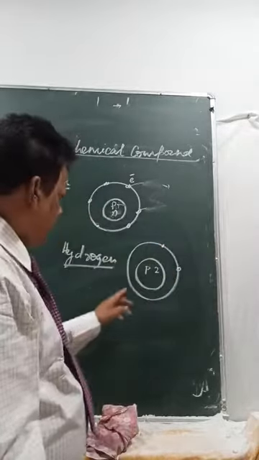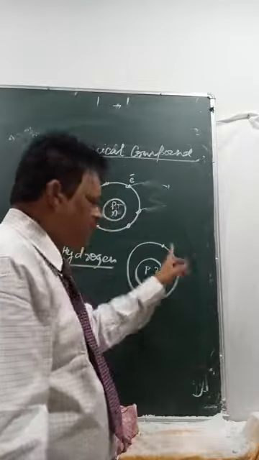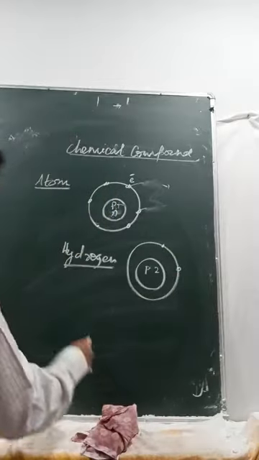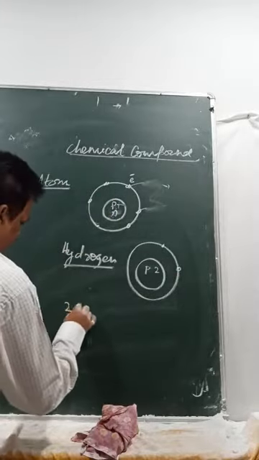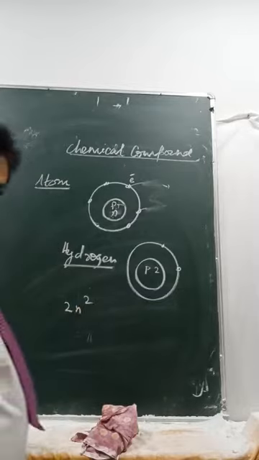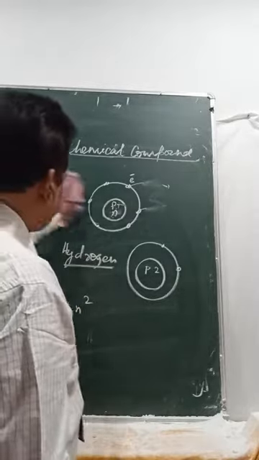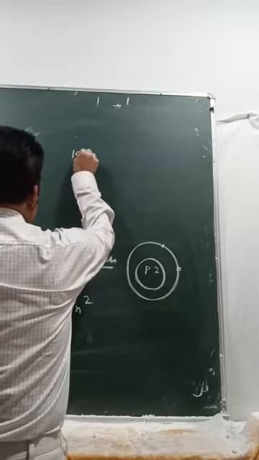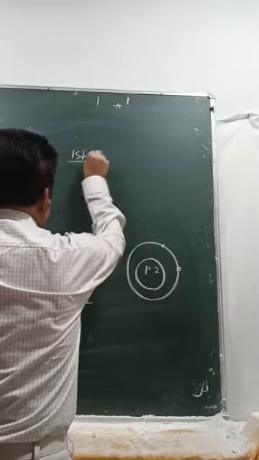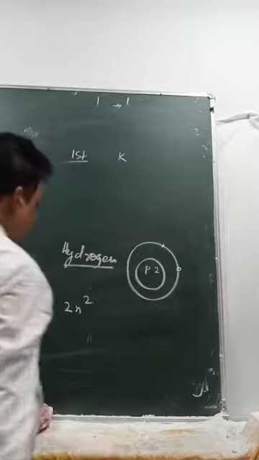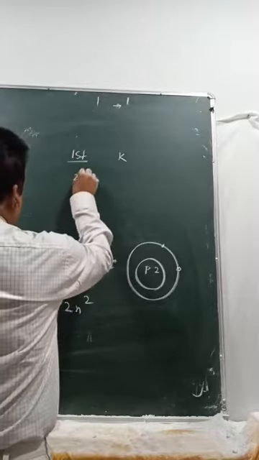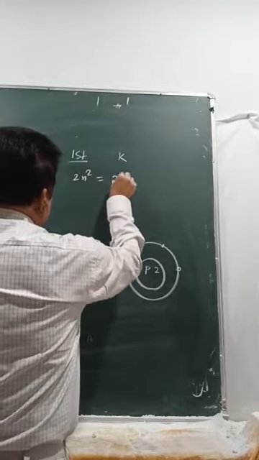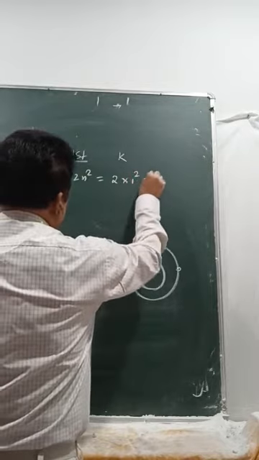Now, how do you distribute the electrons here? The formula is 2n square. In the first shell, that is the K shell, 2n square means 2 into 1 square, that is 2.